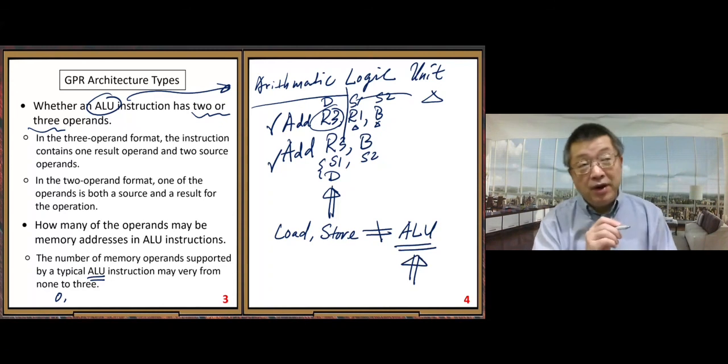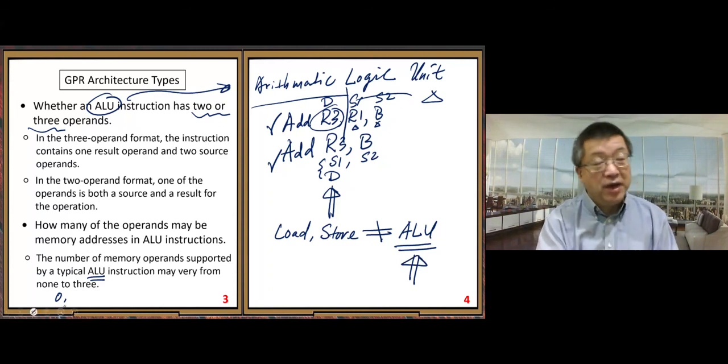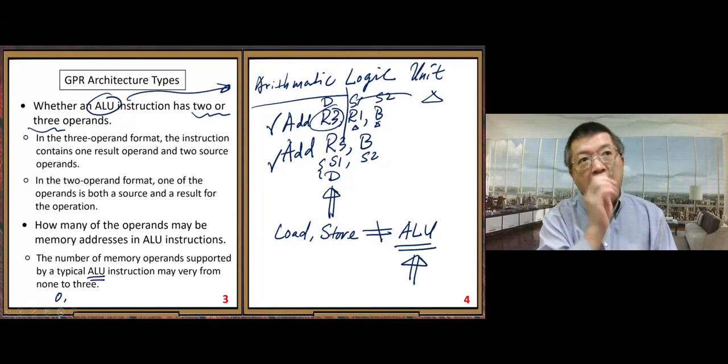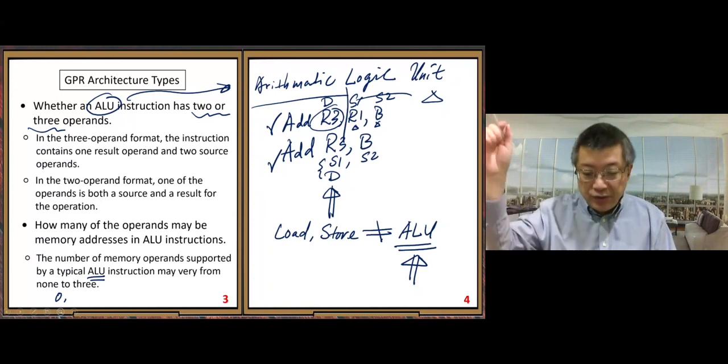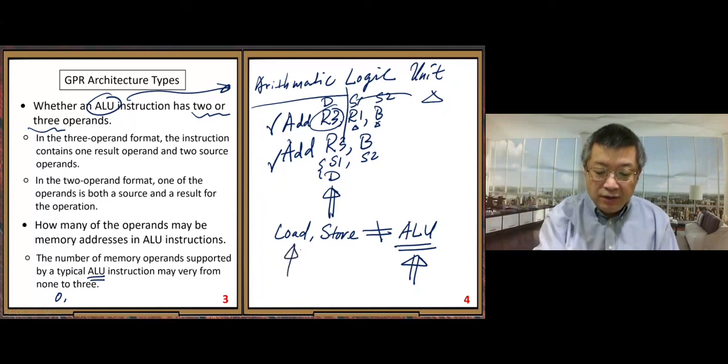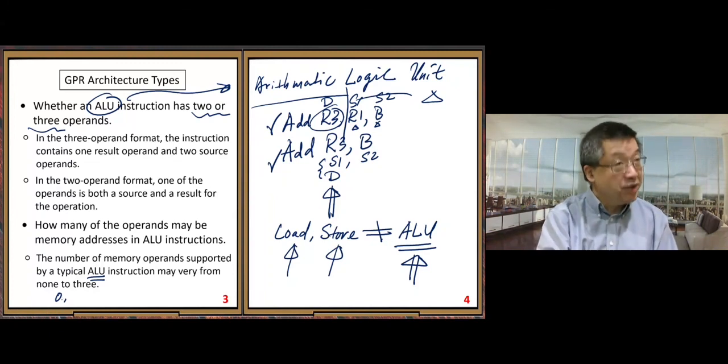For ALU operations, there is a 0 case. That means ALU operations are not allowed to access memory. If you want to access memory, you can only use load or store operations. So that's the reason we use 0.